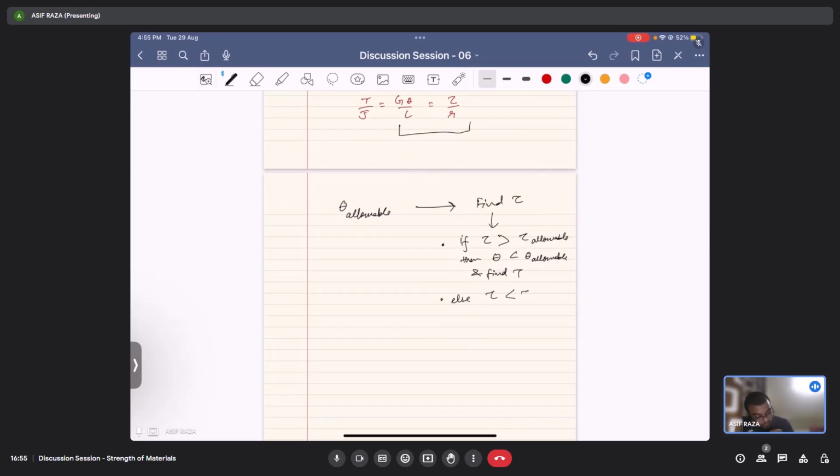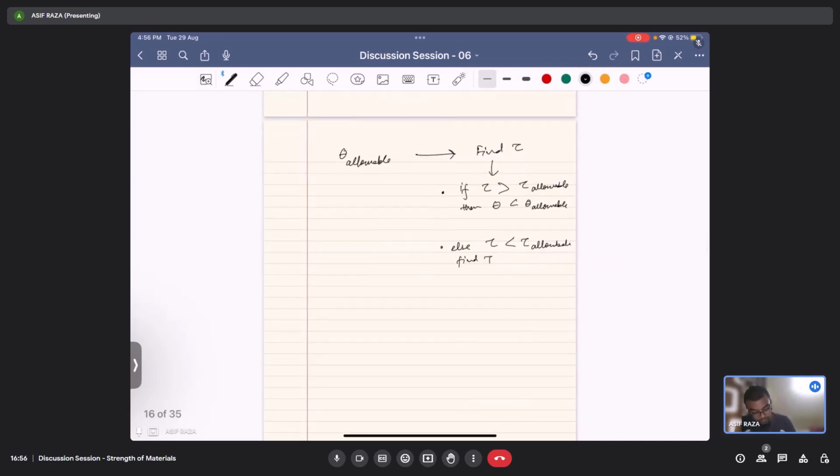Else tau must be less than tau allowable, and find T corresponding to this.